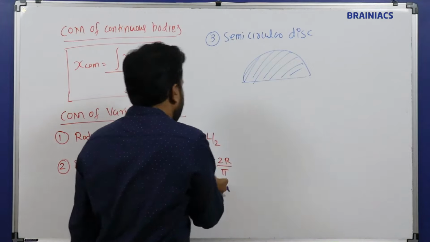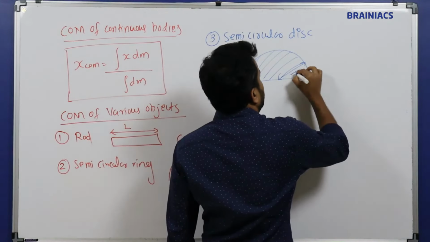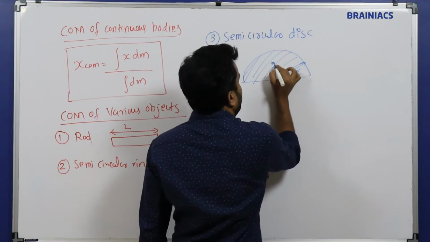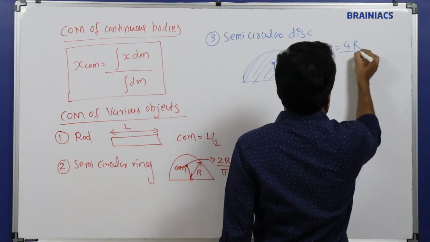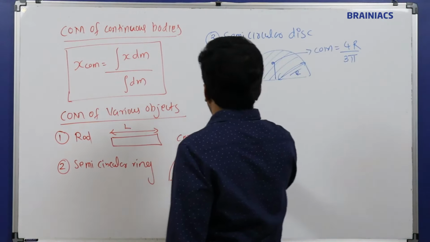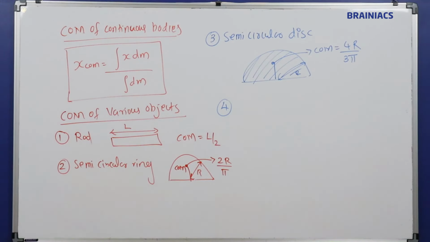A ring is just a wire, one piece of wire. With radius r, the center of mass is located over here, and it equals 4r by 3 pi. These values you have to remember. 4r by 3 pi. Along with the diagram you have to write the equation also.